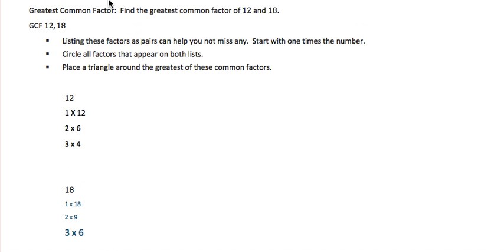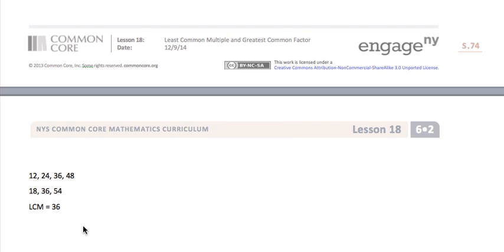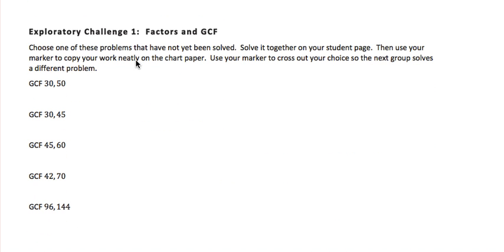Greatest common factor of 12 and 18, we made the factor pairs and we found the largest number that was on both sets, which was a 6. So the same thing will be true in Exploratory Challenge 1. You'll be assigned a set of numbers. You'll make factor lists for that set of numbers and find the largest number that is on both lists.